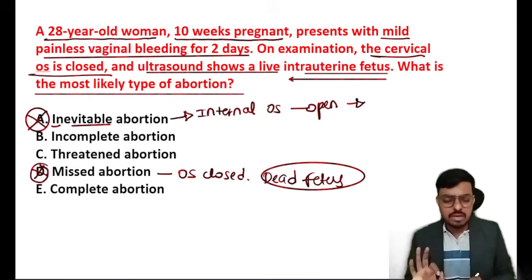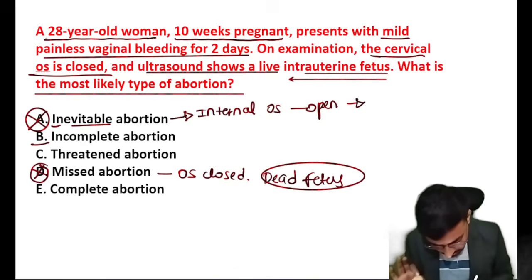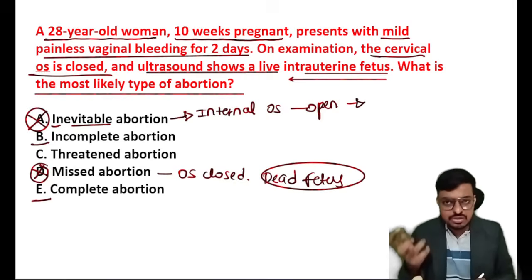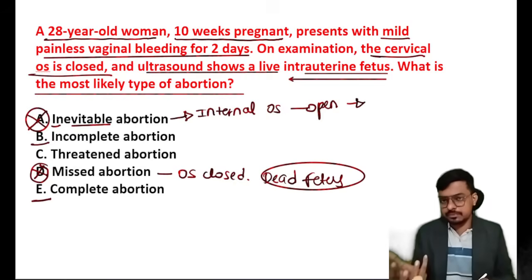Whenever the examiner wants to ask a question on incomplete abortion and complete abortion, he will say that the product of conception is coming out of the uterus.